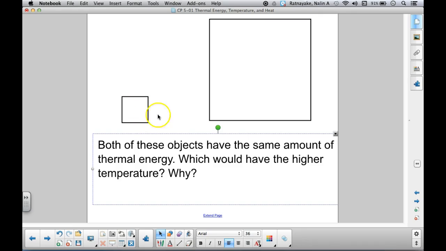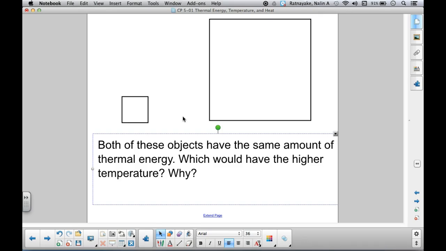Imagine all the molecules here and all the molecules over here. If they had to share that 100 joules, where would we have the most amount of energy per molecule? Well, that would be over here in the smaller object, because that same 100 joules of energy has to be shared by less molecules. So on average, each molecule is going to have more energy.